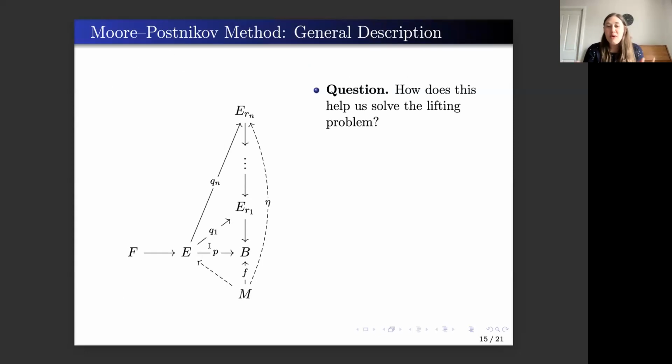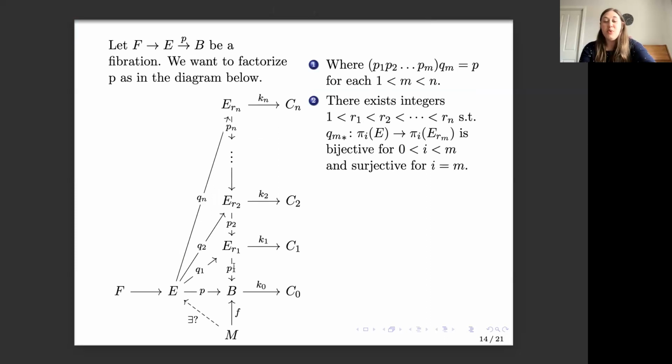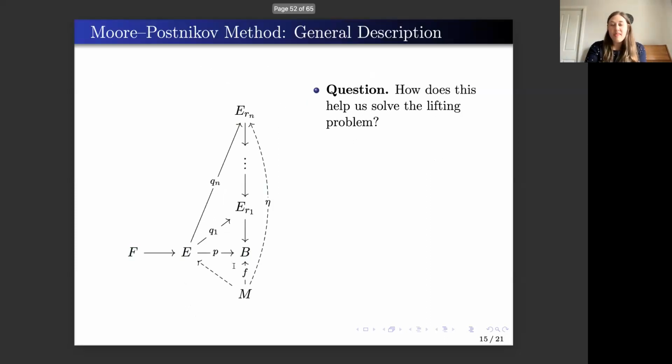Now, why on earth do we want that? It's really, really key to helping us solve the lifting problem. So I'll try to explain this. This is just a slightly simplified diagram. So suppose we have our fibration P. We have our lifting problem that we're trying to solve. And we've built a Moore-Postnikov factorization satisfying these two criteria here.